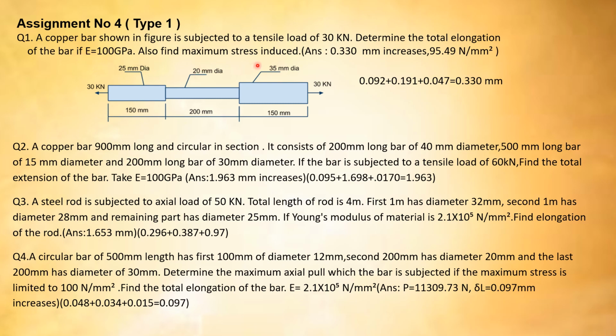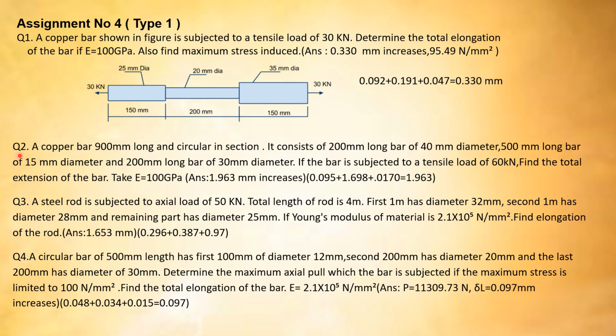Also find maximum stress induced, and here I am giving the answer. This is the total delta L 0.33 and increases, and this is the maximum stress. And for maximum stress, what you have to do is consider the bar diameter which is minimum, and consider that area and calculate it. And this is delta L1, delta L2 and delta L3.